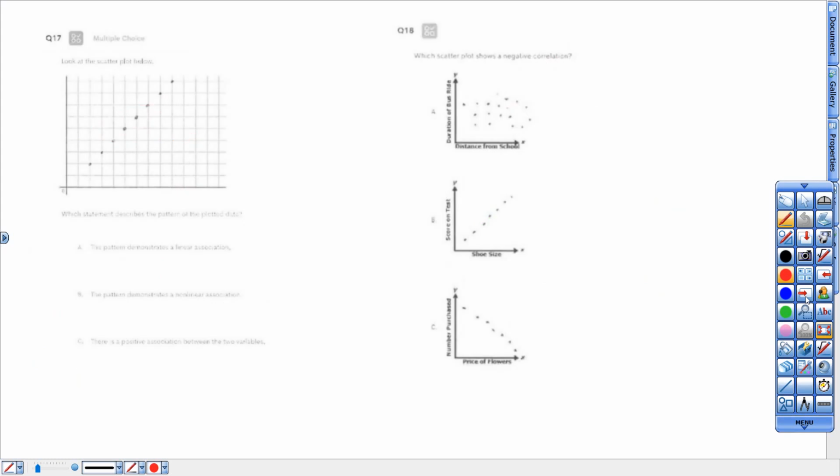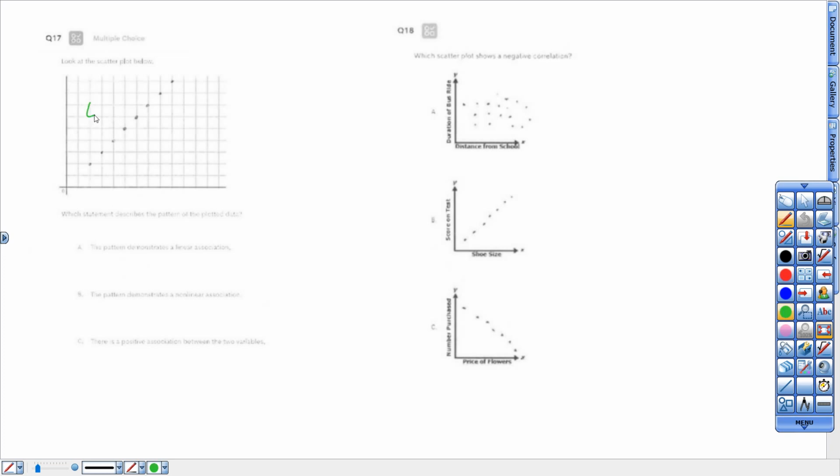16 for this one. All right, 16 says, which is true? This pattern shows linear, nonlinear, positive association. So this one kind of has two answers. You probably won't be like that on the test, but this shows linear.